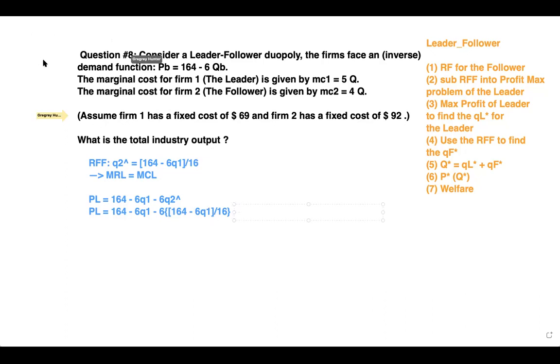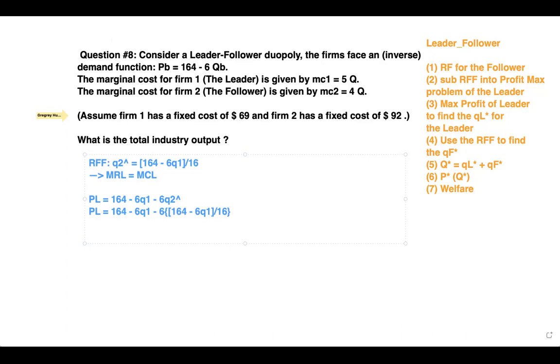Okay, so at this point, then what I would do, and there's a lot of different ways that you can do this from this point forward, because now that you have this residual demand formulation that's based on the reaction function of firm 2, it's just algebra and whatever you want to do.